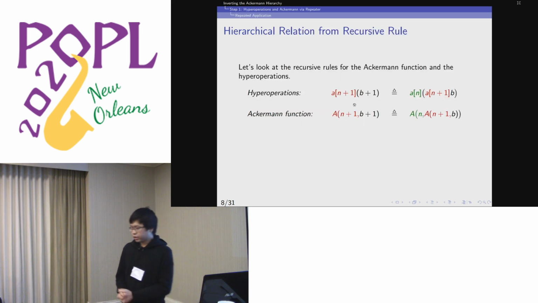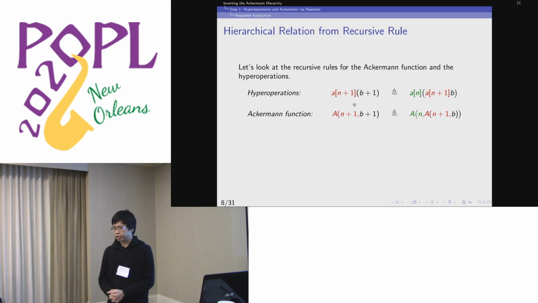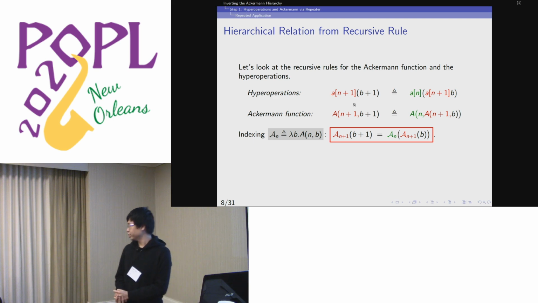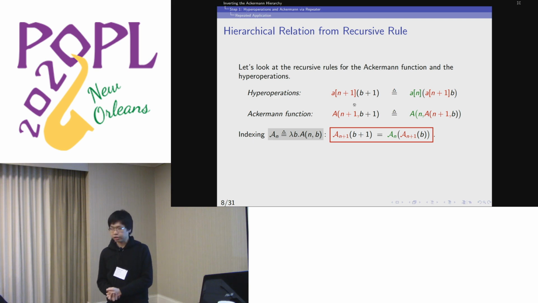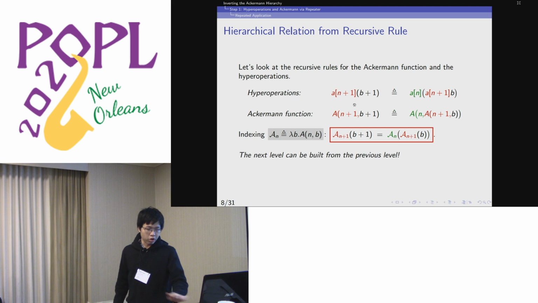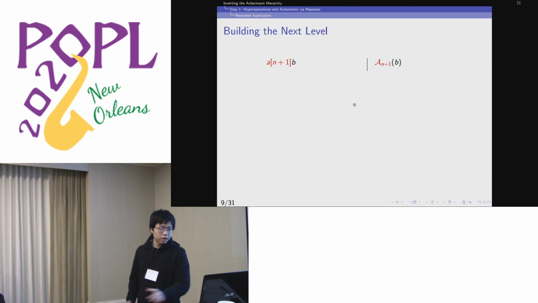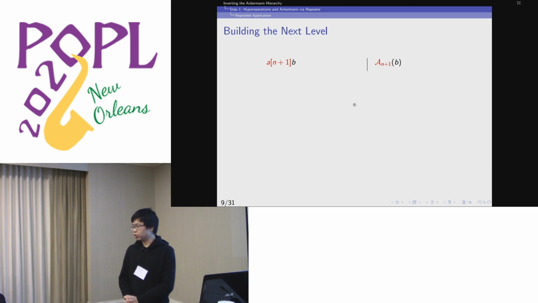If you look at the recursive rules for the hyperoperation and the Ackermann function, at first they don't seem very similar. But by indexing and using b as the main argument, actually these 2 rules are the same. Moreover, we can build the next level with the previous level. So let's try to do this. Let's start with the n plus 1 level.